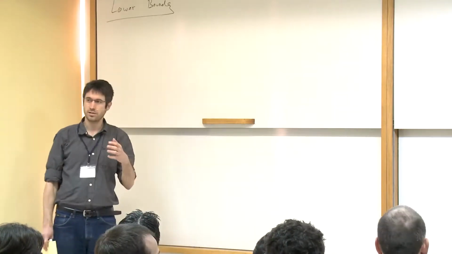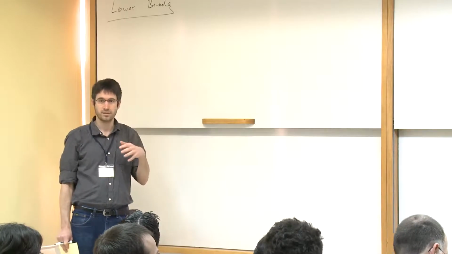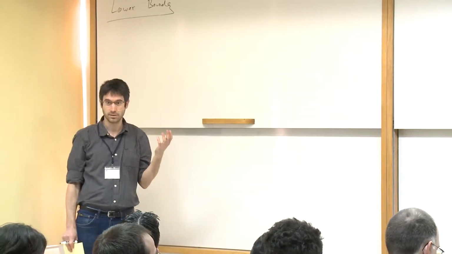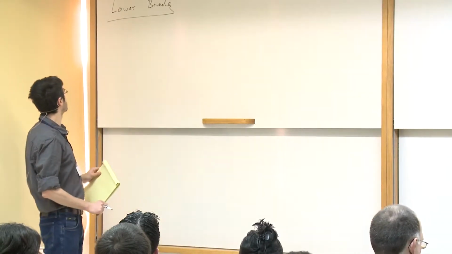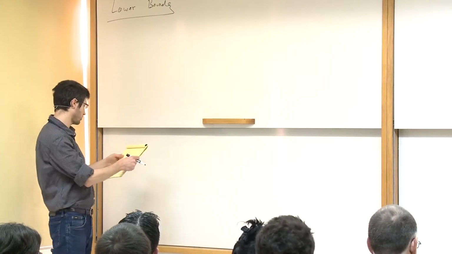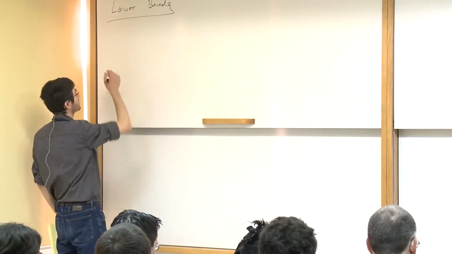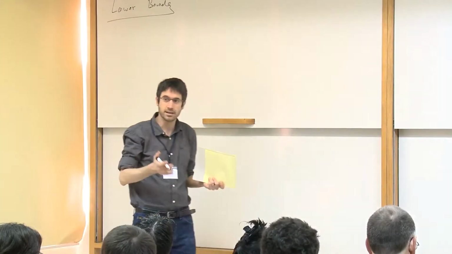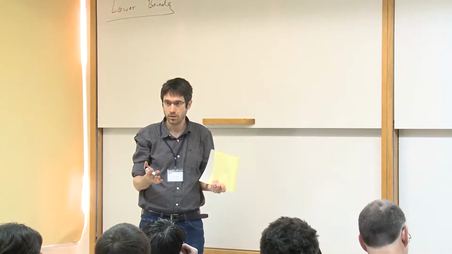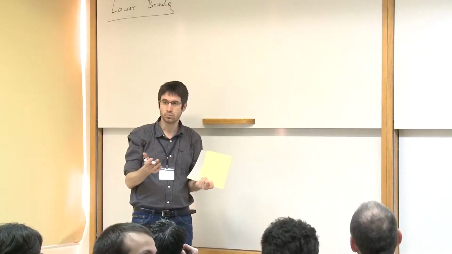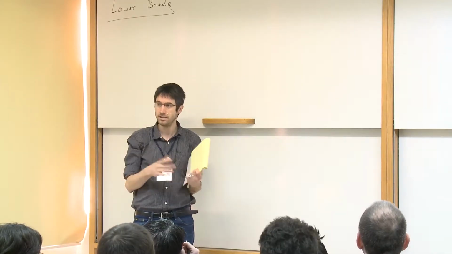But as a sanity check, one should first verify that counting arguments give lower bounds, and that we can prove lower bounds. So what counting arguments do is basically show that a generic or random polynomial is hard to compute. When you speak about Boolean circuits, that's fairly easy to show, right?